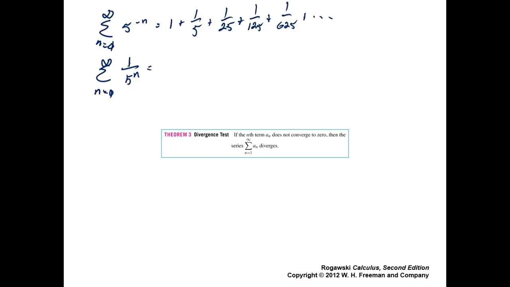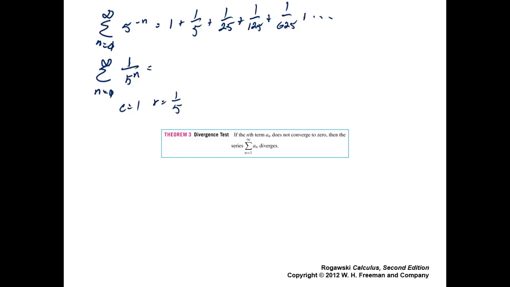I think in here it's fairly easy to see your c is equal to 1, right? There is no common factor in it, it's just 1. And your r is equal to 1 over 5, right? And certainly the absolute value of that r is less than 1.